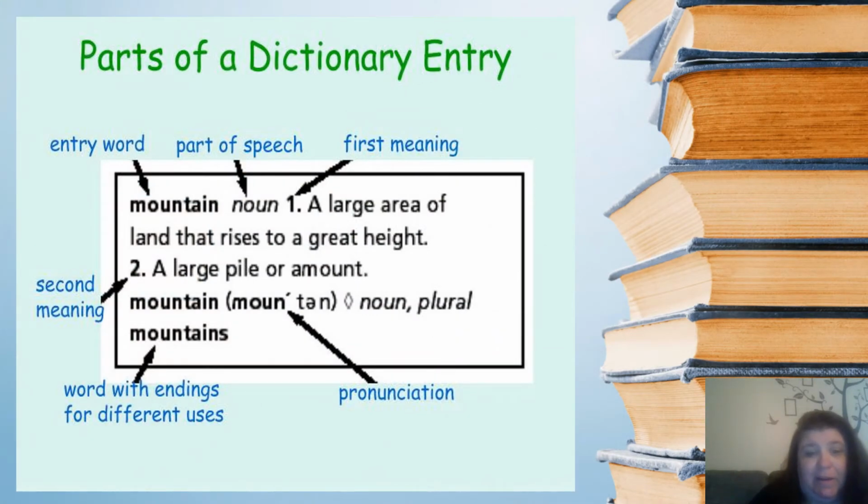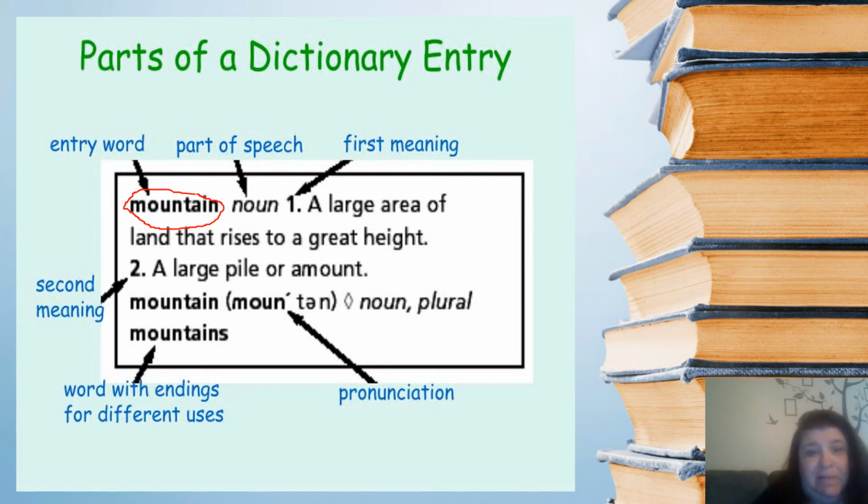Now we're just going to look at a few of the things that we can see as part of a dictionary entry. We're actually going to look at two different ones. One's a little bit more simplistic and one's a little bit more complex. So we're going to look at this one first. First, we see right here our entry word, which is mountain. That's the word that we are looking at.